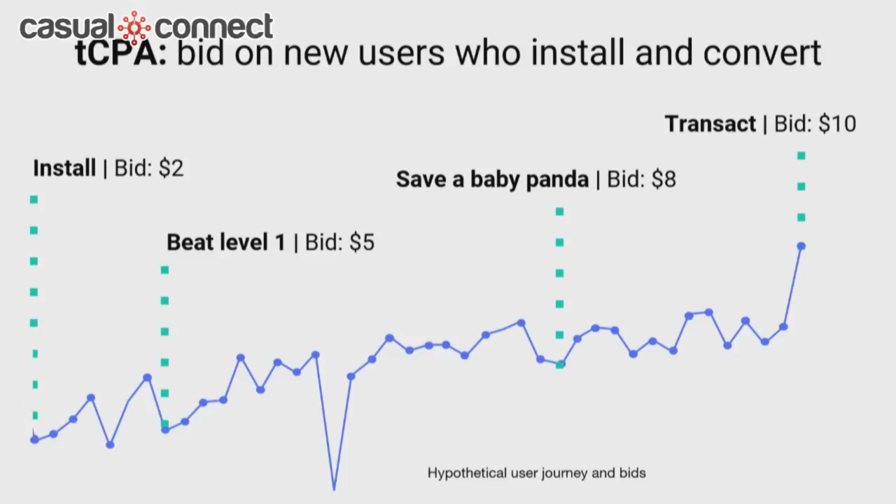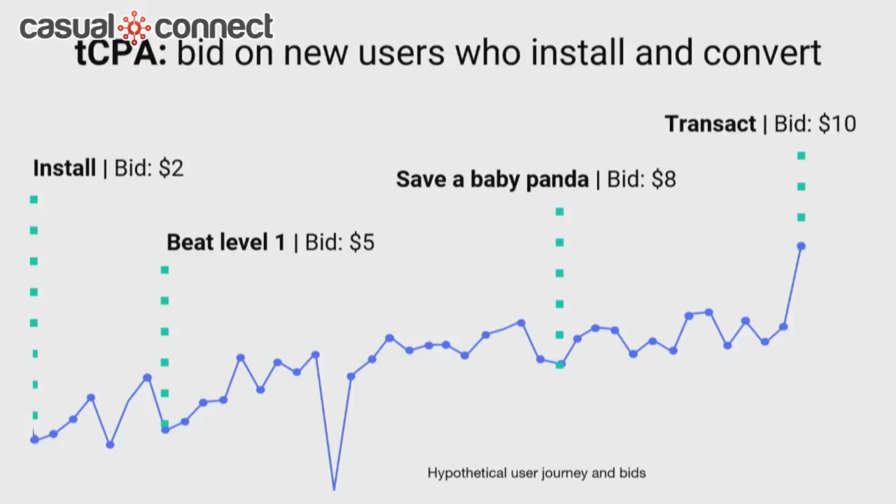An example is Panda Pop, which might be bidding for a user who makes an in-app purchase for some rainbow bubbles. But that doesn't mean that's the only thing it can be optimizing towards. They might also want to optimize, as I said, to share that they saved a baby panda, because they understand the value and the implications of a paid download on organic downloads or future installs.